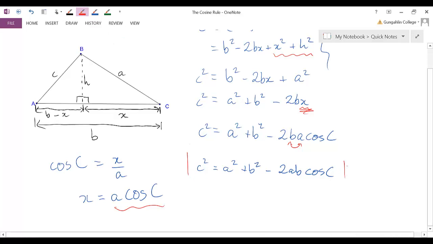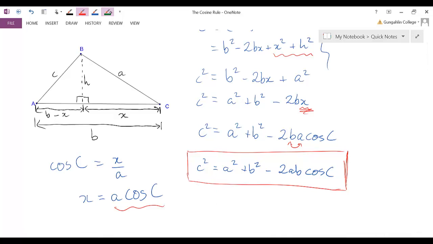And if you have a look at it, you'll notice a couple of things. One is that part of this is very familiar to you. This part here is exactly Pythagoras' theorem.